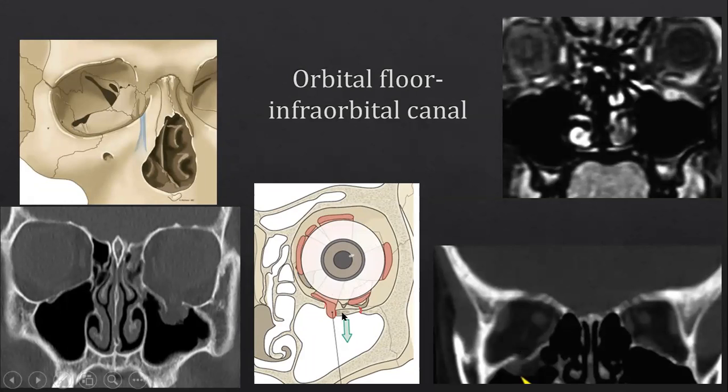The other important structure along the floor of the orbit is this foramen over here, which is the infraorbital canal, which contains the infraorbital vessels, but crucially the infraorbital nerve, which is a branch of the maxillary nerve. And we have discussed this when we looked at the maxillary nerve, and it is mainly a sensory nerve which supplies sensation to the front of the face, over the maxilla, and along the lower aspect of the eye. But also it can be a conduit of disease.